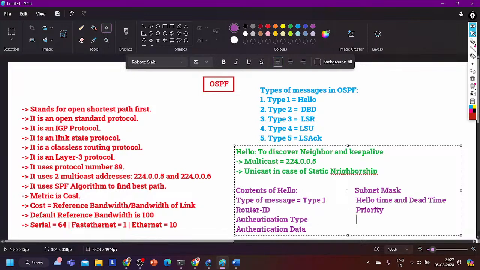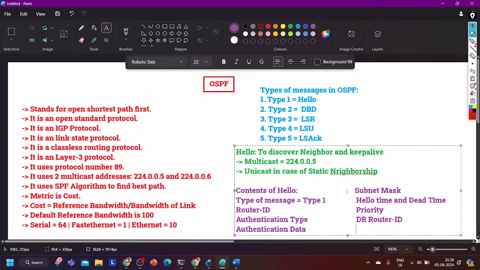Then there will be information about the DR router ID. Don't worry if you don't know the DR yet. Then the next information can be the BDR router ID.